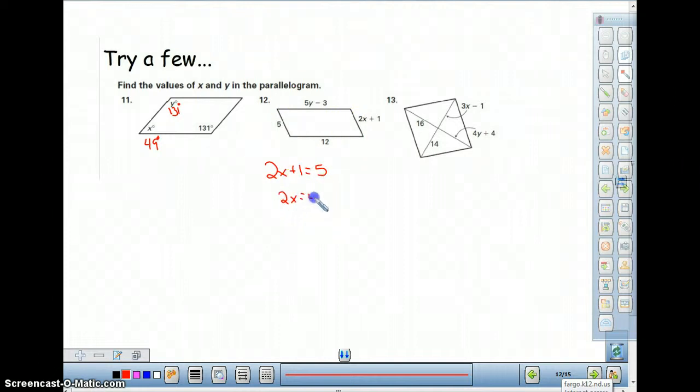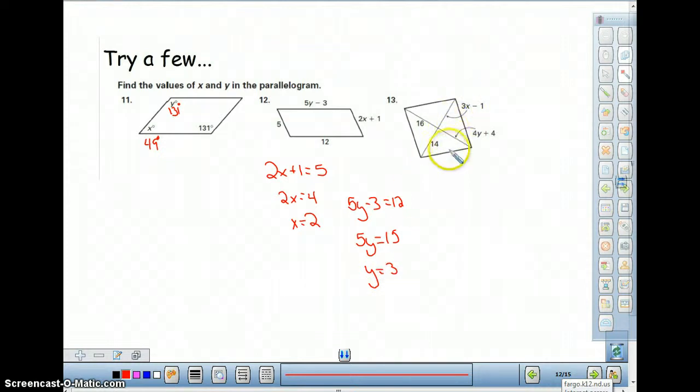So 2x equals 4, x equals 2, and opposite sides are congruent. So I have my x, I now have 5y minus 3 equals 12, 5y equals 15, so y equals 3.